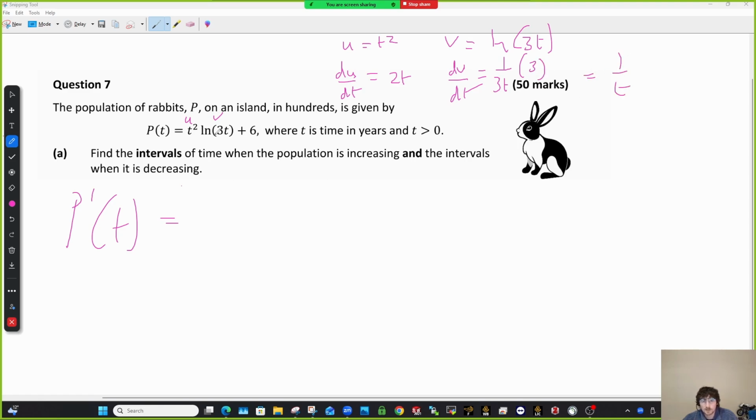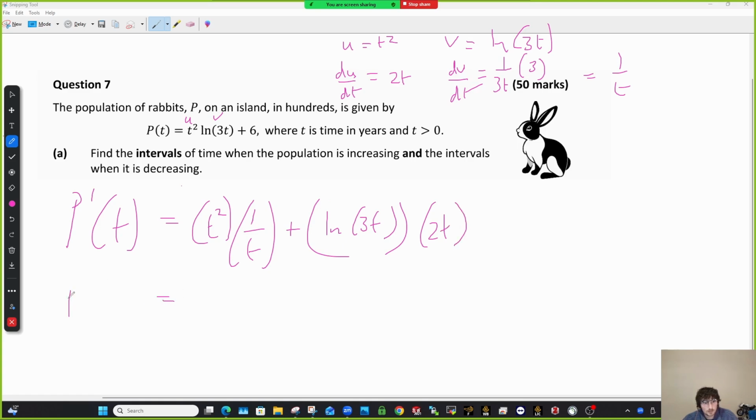So then when we take the derivative of this, we just sub into our product rule. I'm sure everyone can use a product rule here. It's very straightforward. So it's u times dv dt, which was just 1 over t, remember? U was t squared. I nearly got caught there. U dv dt, plus v, which was ln 3t, multiplied by du dt, which was 2t.